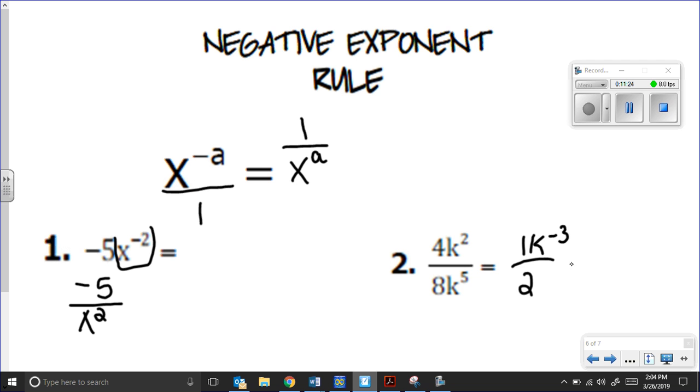So we still got to simplify. So now the 1 stays, but the k to the negative third has to move downstairs with the 2. So it'll be 1 over 2k to the third. And remember, when you move it, it becomes positive. Now the 2 didn't have to go anywhere, and it just stayed put. So now this is your final answer. Okay, and so these are all of your exponent rules.